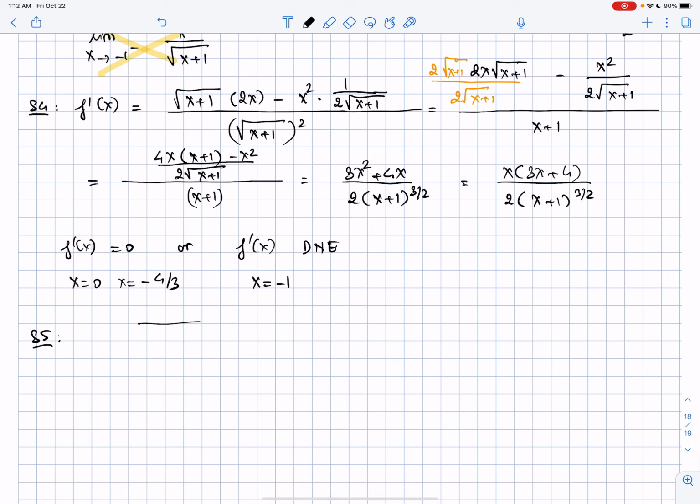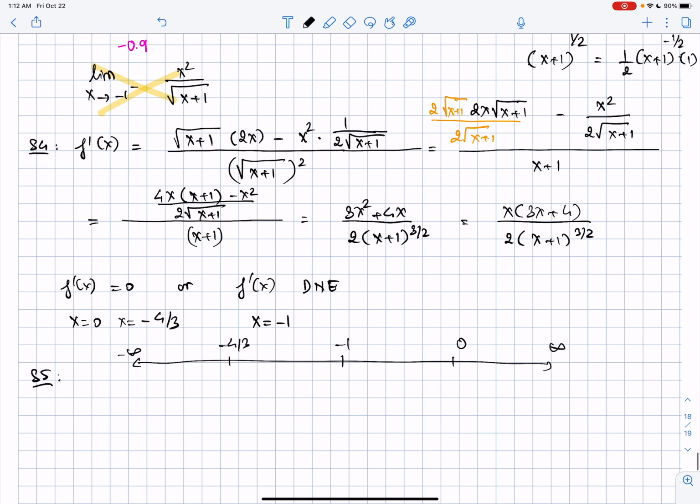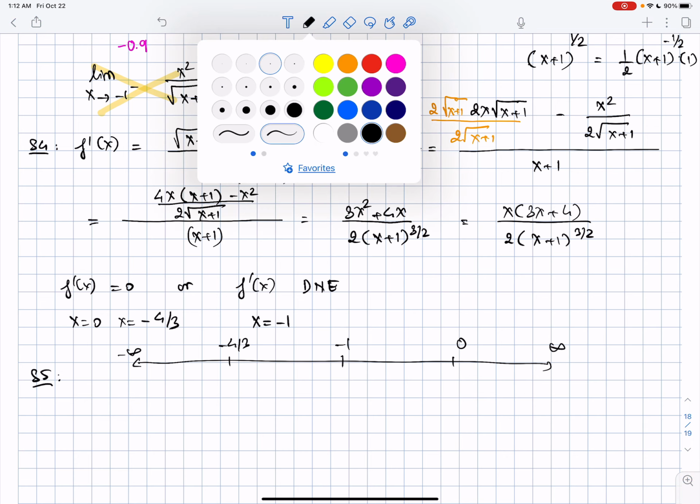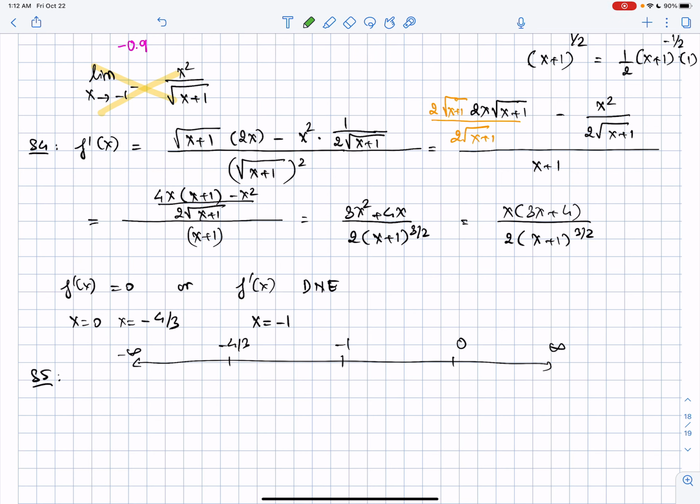Now we draw the number line, and then we're gonna put in negative 4 over 3, negative 1, and 0. You remember that the domain of this function is x has to be greater than negative 1.